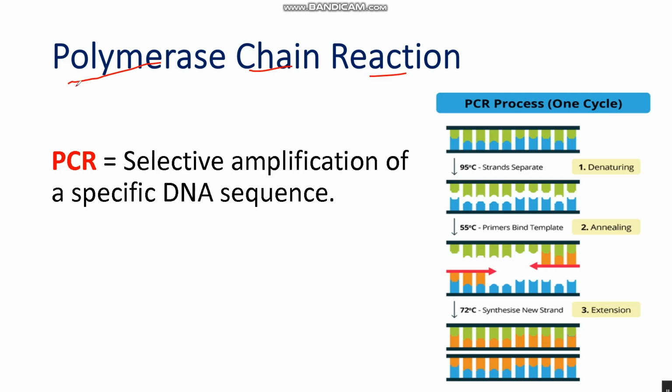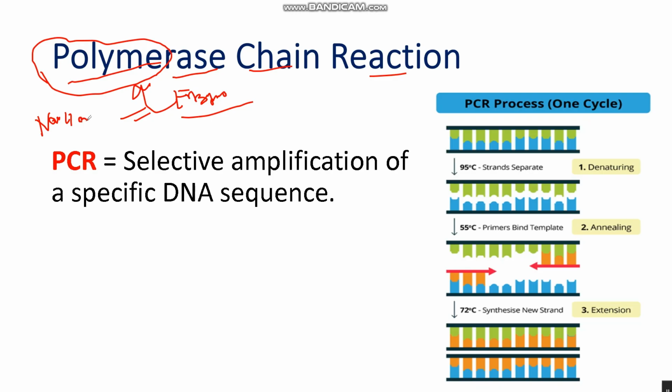In the word, polymerase, poly means polymers and ase is the enzyme, which is used to add nucleotides to extend and make replications or copies of your DNA or cDNA.